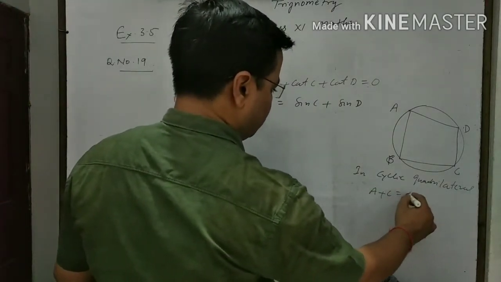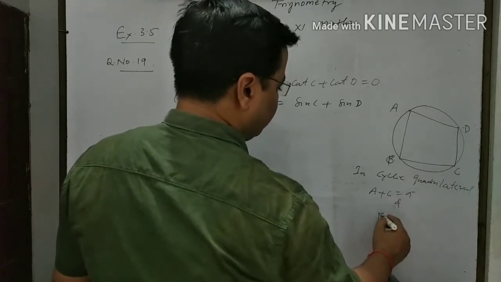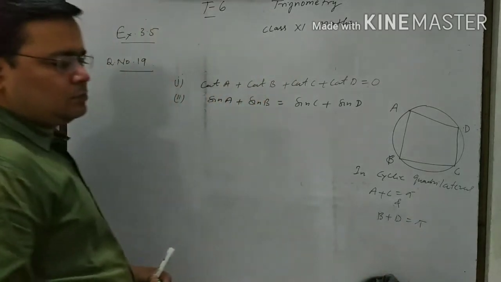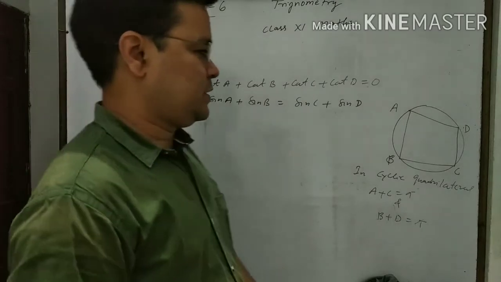A plus C is equal to pi and B plus D is equal to pi. Okay, this is the meaning of cyclic quadrilateral.